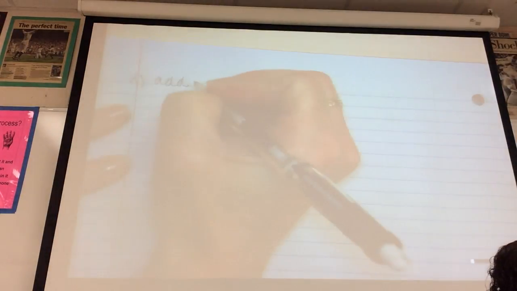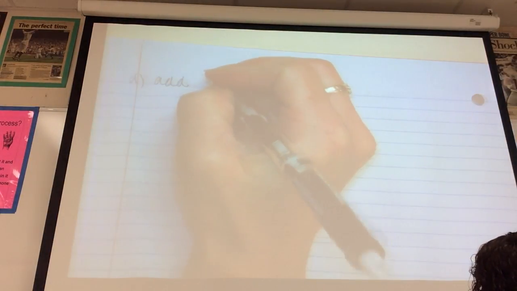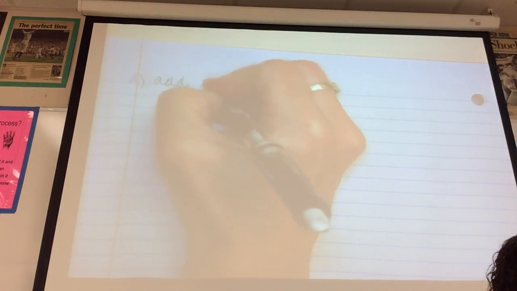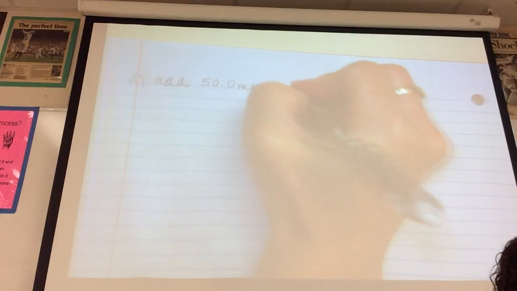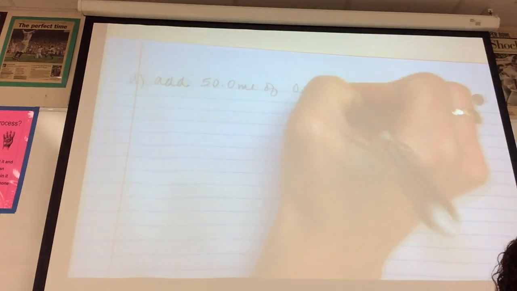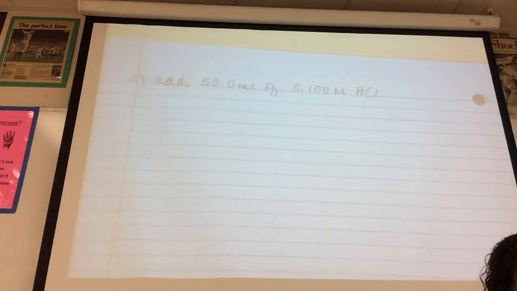It says that we're going to add 50 mils of 0.100 molar hydrochloric acid.